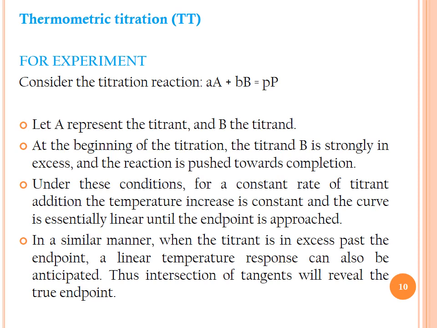Under these conditions, for a constant rate of titrant addition, the temperature increases constantly and the curve is essentially linear until the end point is approached, as you see on the last slide. In a similar manner, when the titrant is in excess past the end point, a linear temperature response can also be anticipated. Thus, the intersection of tangents will reveal the true end point of the reaction done by TT.